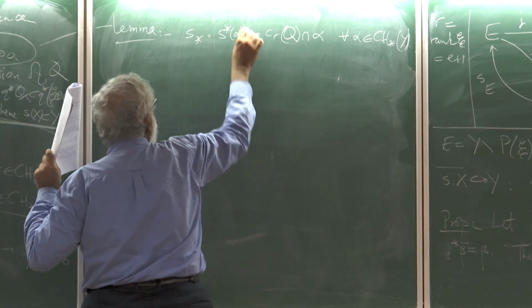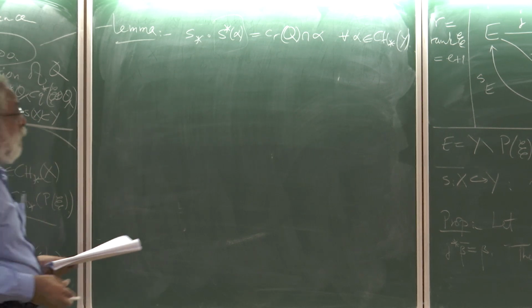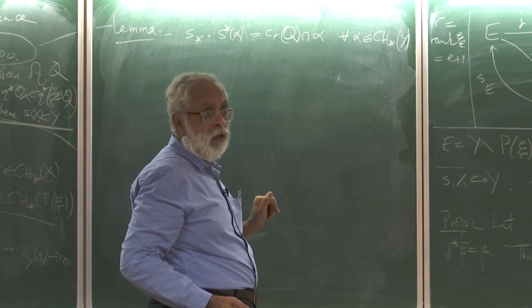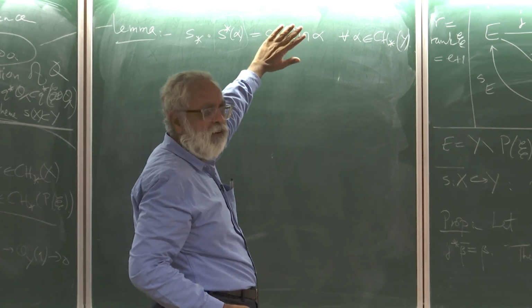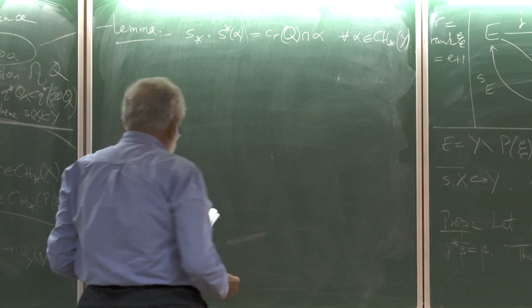I've defined an operation S upper star. I'm thinking of it as intersecting with the zero section. So intersect and then push it back into the ambient space. That's the same as taking the product with the top Chern class of the bundle. This type of identity is one of the fundamental identities related to embeddings. And in some version or other, it would have been done in the other lectures too. But here, with my ad hoc thing, I can just do it by hand. So let's do it.